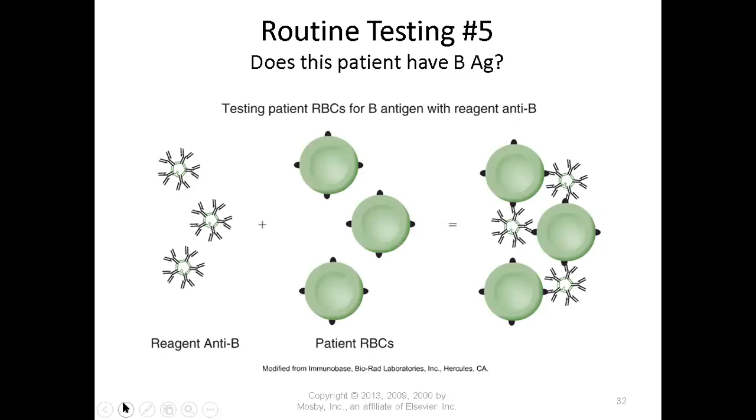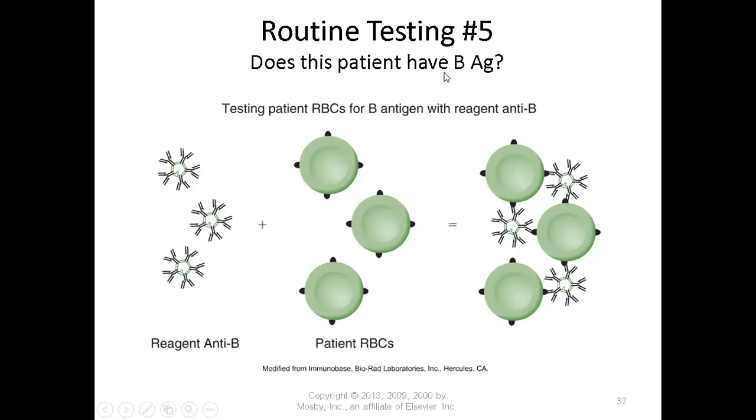So this is another picture from our book, and in this diagram, we have a reagent, an antibody against the B antigen that we've added with our patient's red cells, okay? And what we see here at the end, we see the reagent has bound to the antigen. So the question is, what do you guys think?